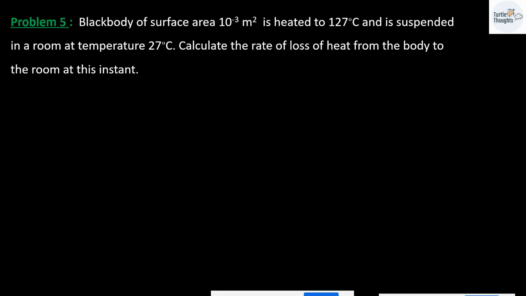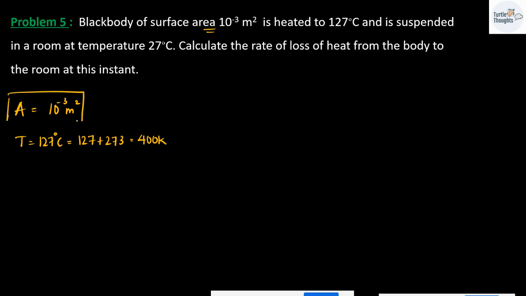Now, let me start by writing down whatever is given in the question. They are talking about area. Let me write area A, which is going to be 10 raised to the power minus 3 meter squared. We have temperature T. T is going to be 127 degrees Celsius, which can be written as 127 plus 273, which is 400 Kelvin.